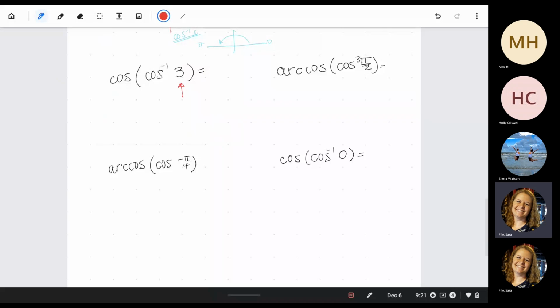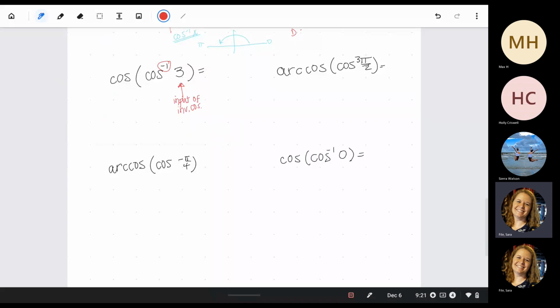Since the inverse cosine is the inner function, this 3 is the input of inverse cosine.